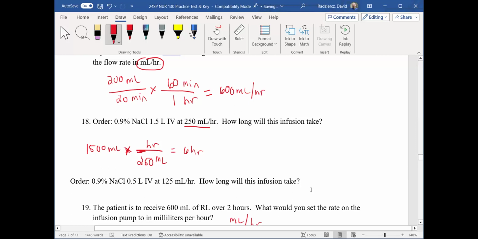How long will that infusion take? Go ahead and try to solve that. What would your answer be if I have a half liter infusing at 125 milliliters per hour? How long will it take to complete its infusion?